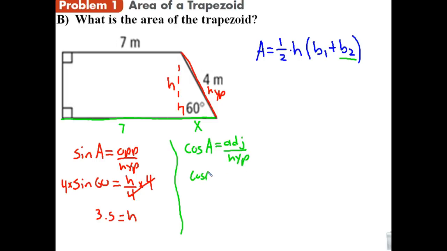So cosine 60 is equal to the adjacent x over the hypotenuse 4. Again, multiply both sides of this equation by 4, and we end up with x equals 4 cosine 60. In other words, x is just equal to 2.